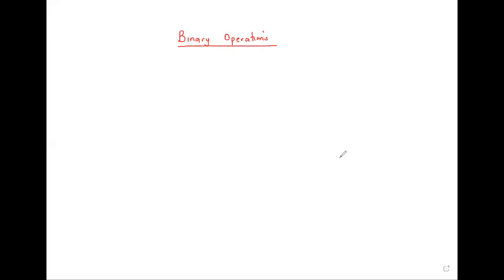So we are starting with a very simple question. What is a binary operation? Maybe if we know what it is, it's going to be easy for us to understand the whole thing here.